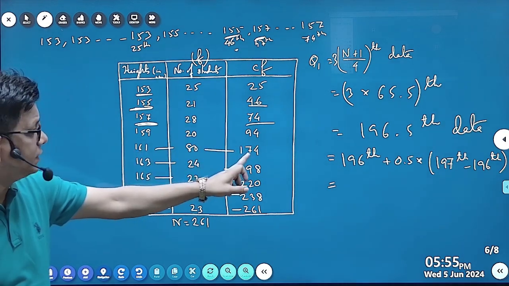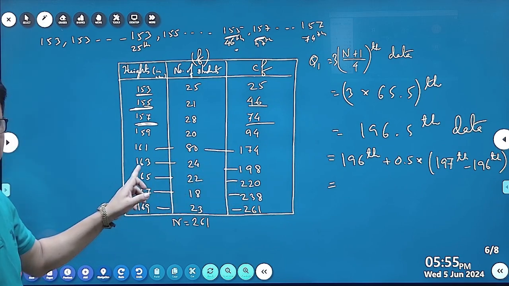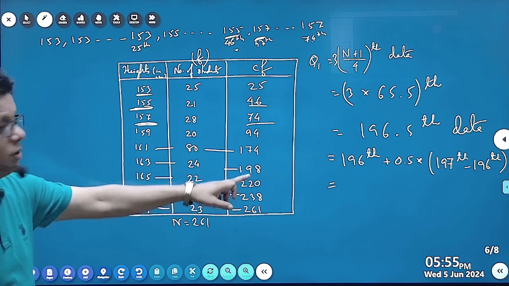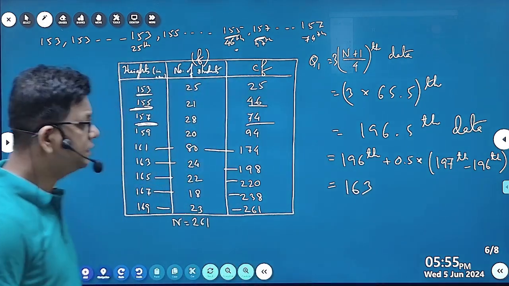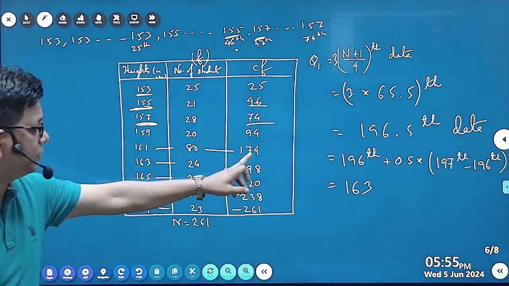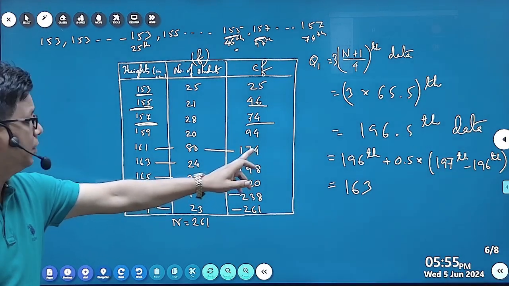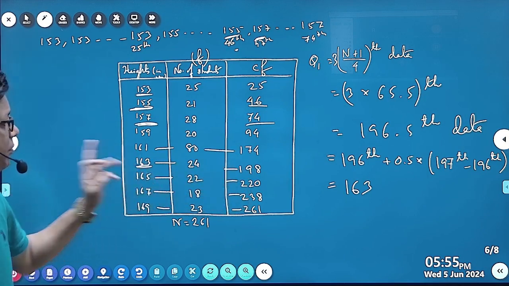So from 175 till 198, which number will be coming? Till 198. That means in 196 also 163 only. Is it clear? From 175 after 174, from 175 till 198, this 163 will be there.